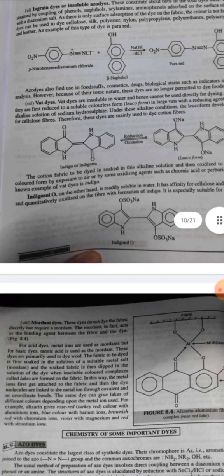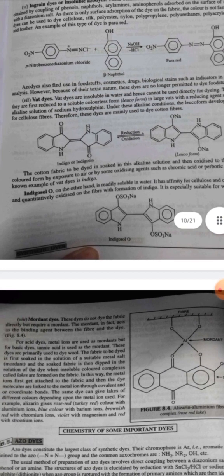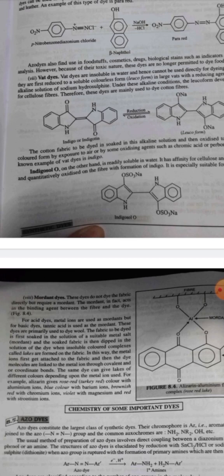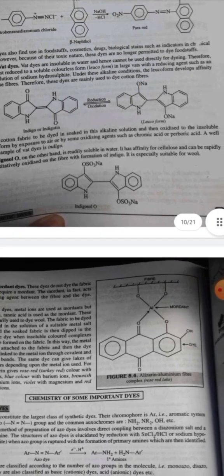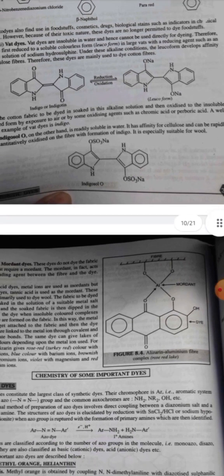A well-known example of vat dye is indigo dye. Indigosol, on the other hand, is readily soluble in water. It has affinity for cellulose and then rapidly and quantitatively oxidizes on a fiber with the formation of indigo. It is especially suitable for wool.